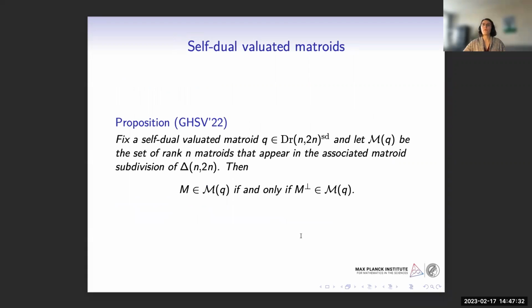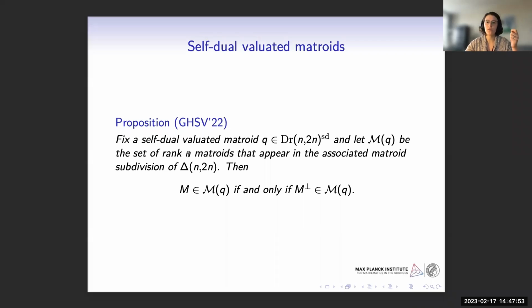So before we do that, let's first look at what exactly these points are, these self-dual valuated matroids. If we fix a self-dual valuated matroid, it's a point in the Dressian, in the self-dual Dressian. Then we can look at the set of matroids of rank n that appear in the associated matroid subdivision.